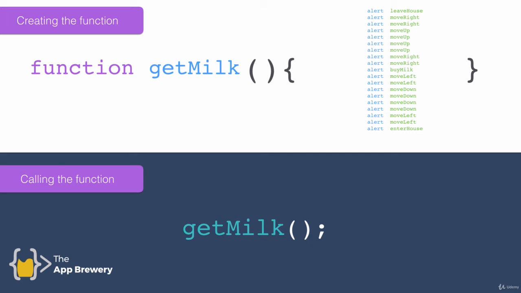When you call getMilk, then all you have to write is the name of the function, some parentheses, and you end the line with a semicolon. And this is a command. And once you do this, the computer will look to find where this function was created, and it will carry out all the instructions inside the curly braces.